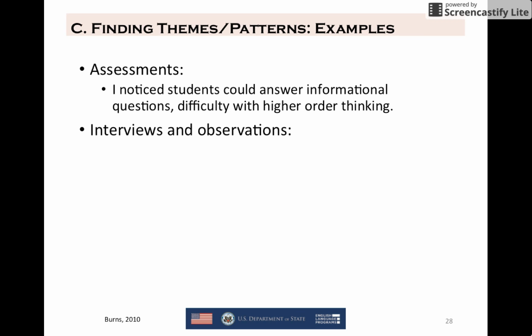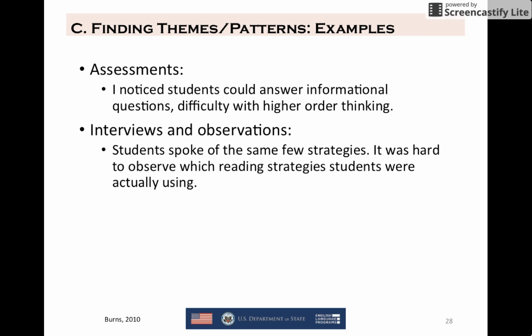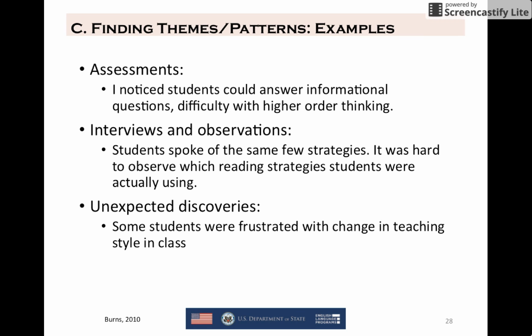When she looked at the interviews and the observations, she noticed that students spoke of the same few strategies that they used. It was hard to observe which reading strategies students were actually using. And she also found some unexpected discoveries. Like, for example, she found that some students were frustrated with change in her teaching style in class.